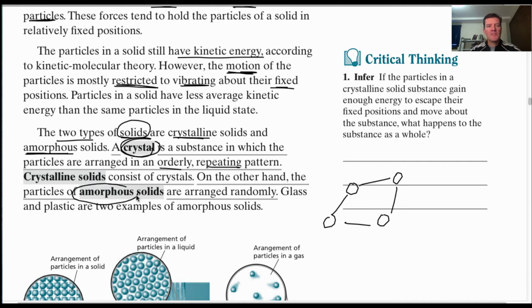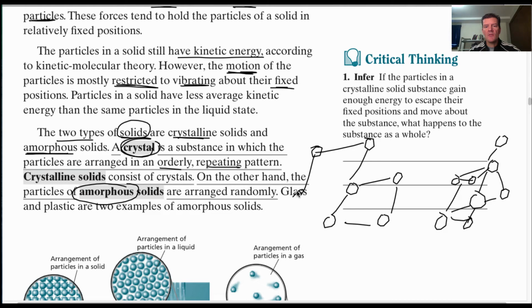Whereas amorphous simply means that the particles are just random. Okay? They're fixed together, they're tight, but there's going to be no particular pattern to how they are arranged. Okay? There's no particular pattern. Whereas this pattern here would probably repeat itself over and over and over.